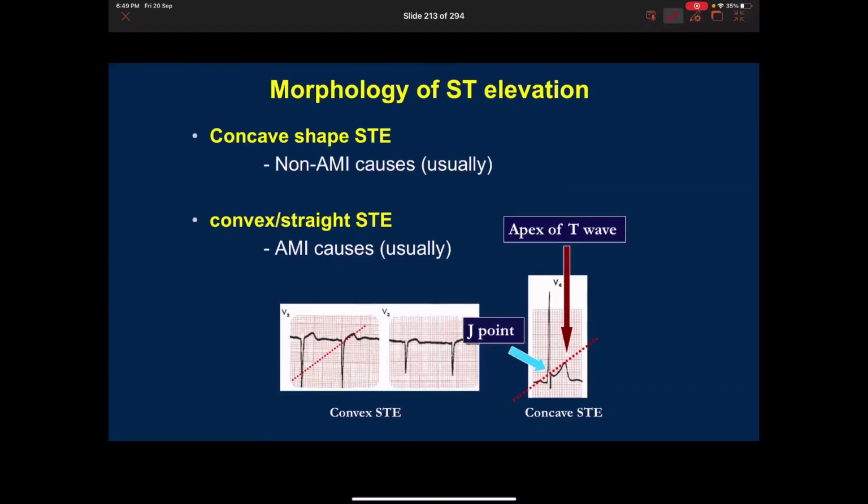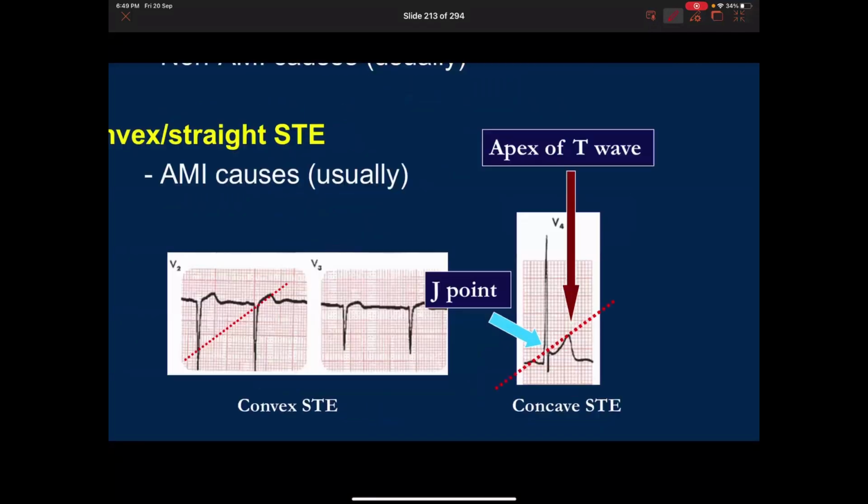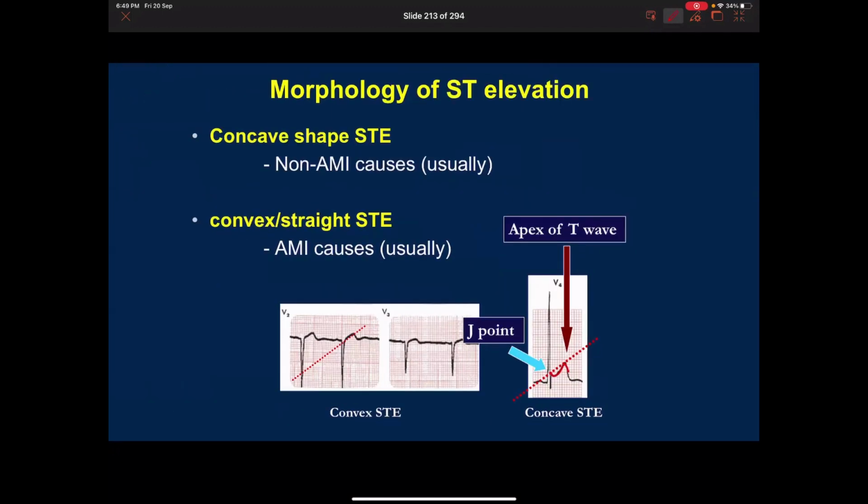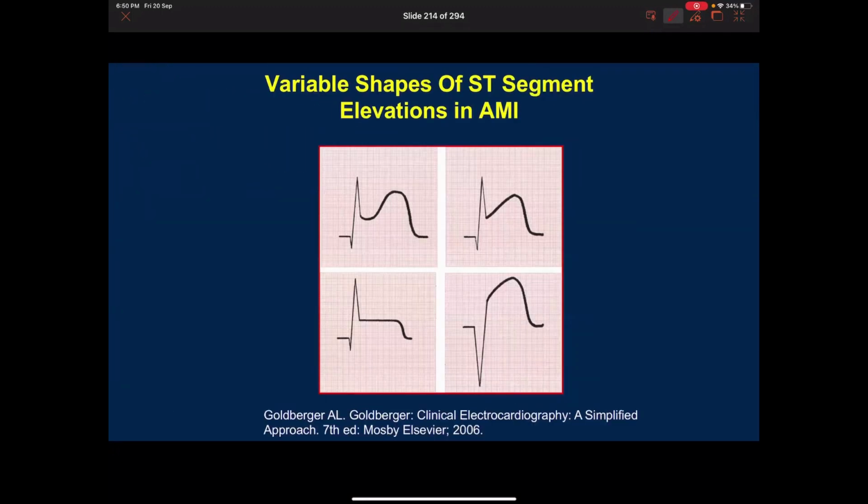But let's finish the morphology. There are cases where you need to differentiate between an actual ST elevation and something that resembles it, like in the case of pericarditis, where it looks like an ST elevation, but it's actually like this. So what they're trying to tell you is an ST elevation will be convex.